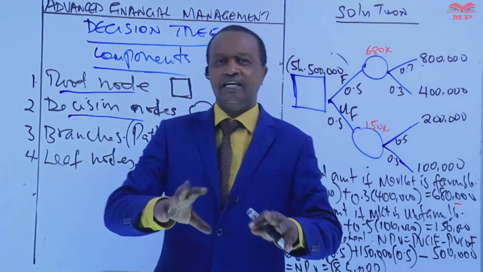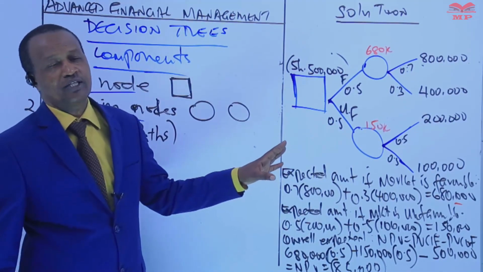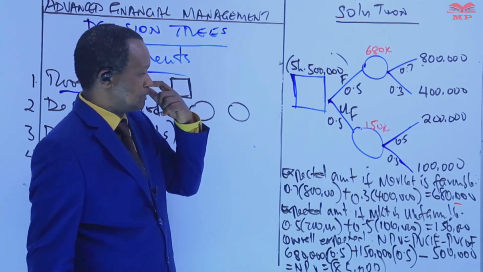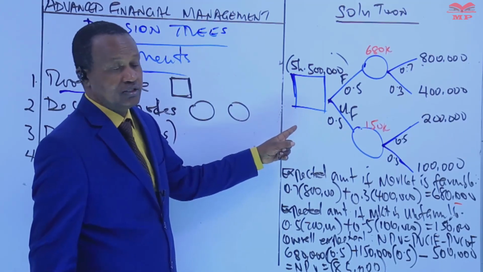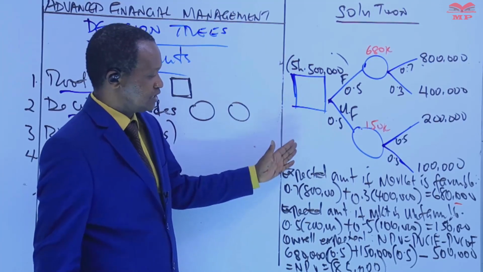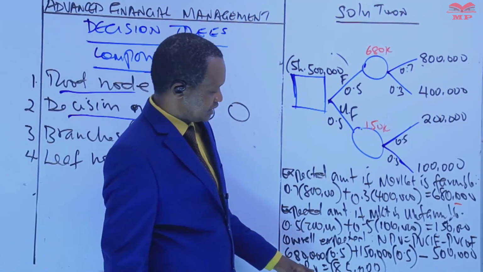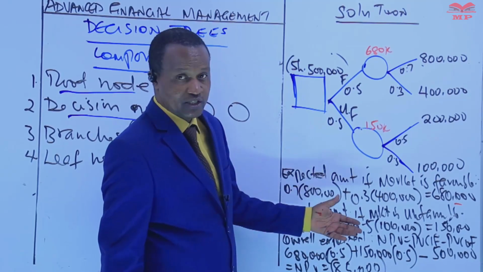So this is the idea behind decision trees. What makes candidates not answer questions of this nature is that the examiner may bring in a bit of complication in calculating the present value cash flows.